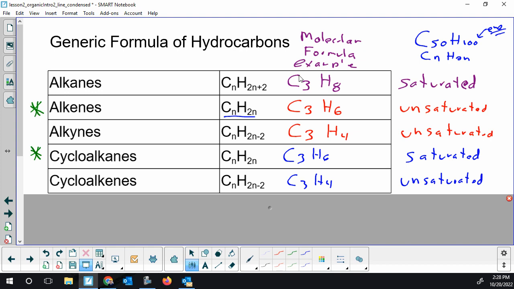You also get overlap with the 2n-2s. Something with a triple bond has the same pattern as a ring double bond. And then we've got the alkane family with the 2n+2 that overlaps with nothing. If you have a 2n+2 pattern, you know you have an alkane. There's no other possibilities for what it could be.